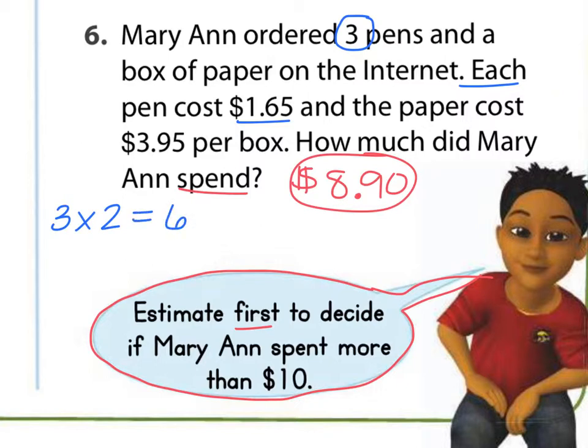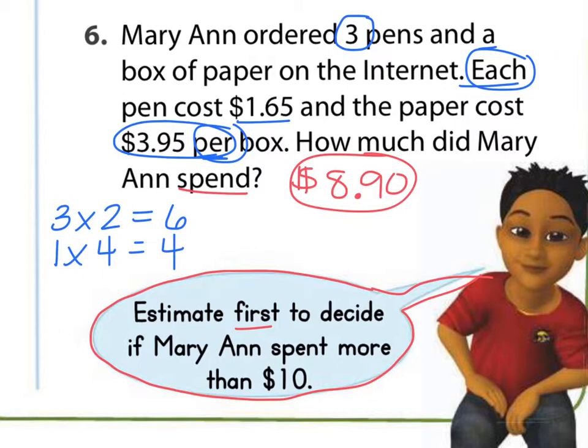And then she ordered a box of paper, and the paper cost $3.95 per box. Per is another word for each. So per and each mean the same thing. So she bought 1 box of paper, and I would estimate $3.95 to be about $4. And so that would be 4. And if you add 6 plus 4, of course, that equals 10.